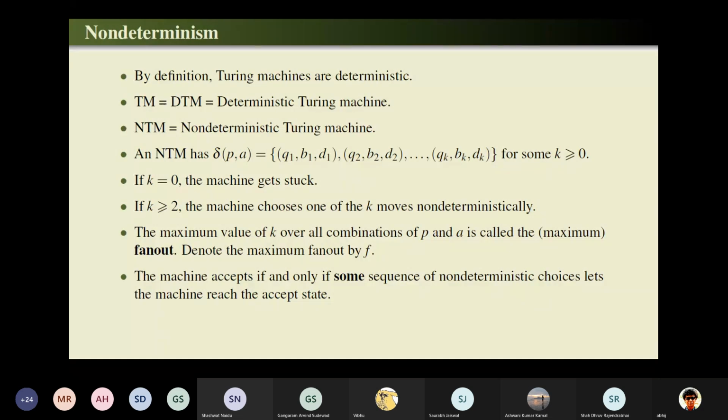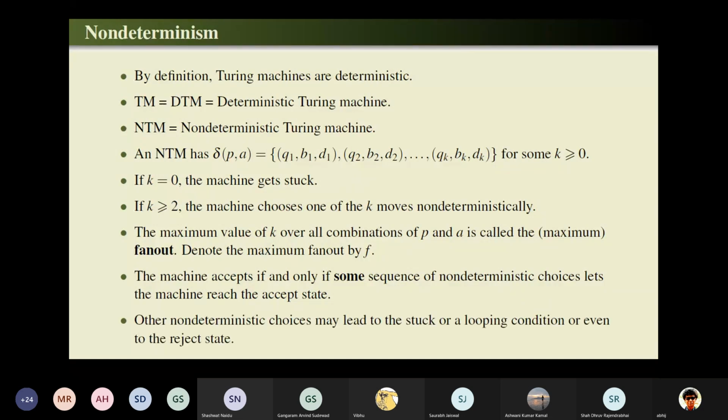Other non-deterministic choices may lead to a stuck position, even when this is an accepting string, or may let the machine loop or even end up in the reject state. All these things are possible. But if there is a sequence of correct choices, then the machine accepts.